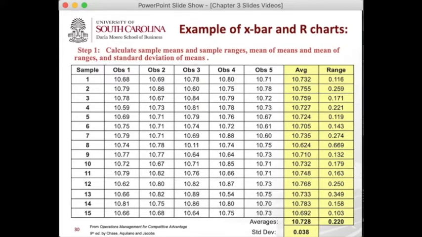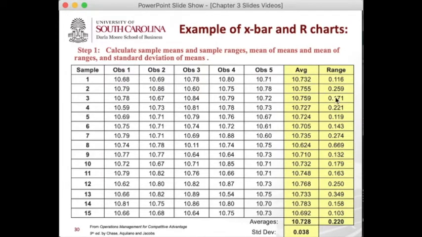So let's think about this example number 4 here, okay? Sample number 4, the highest value is 10.81, the lowest is 10.59. So 10.81 minus 10.59, it's going to be 0.22. So that's what we're going to call the range, the highest minus the lowest.